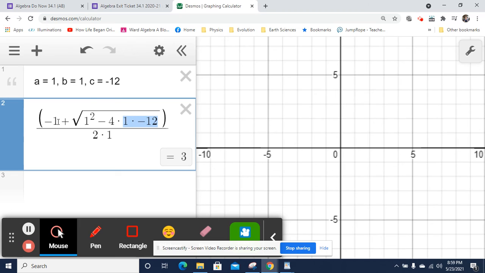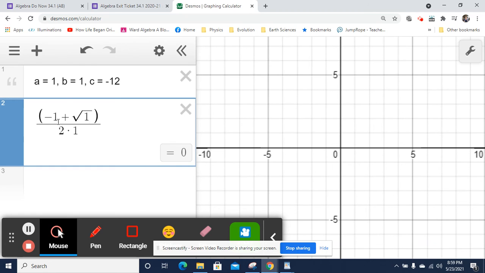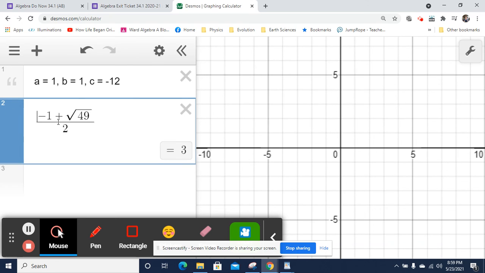We've already worked out that everything inside here is 49. 1 minus negative 48 became 49. And down here we can clean that up. I don't need my parentheses anymore.